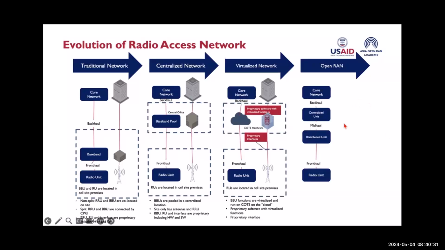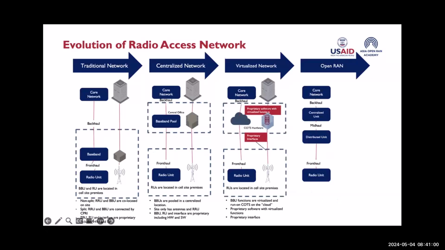Okay. So Open RAN is also called a disaggregated RAN. Meaning the hardware is disaggregated or separated from the software, which was already done in the world of IT. So they did it already in the core network. So what they did, this movement has been brought down to the radio access network.